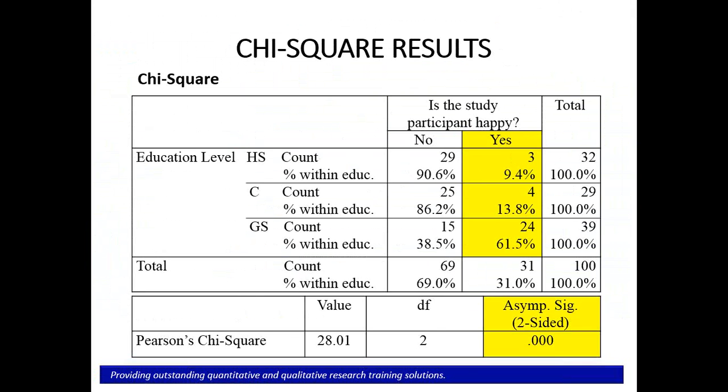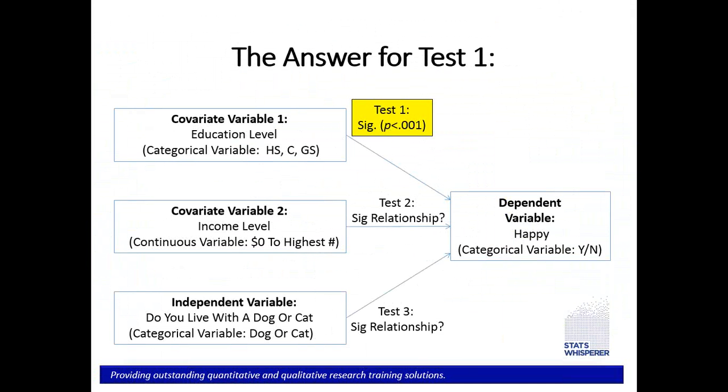So the answer for test 1, we fill in our box: test 1 significant. There's a significant relationship between education and happy. So include that in the next step, multivariate analysis.